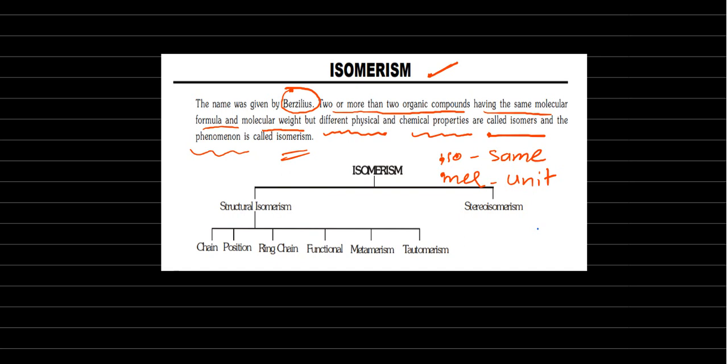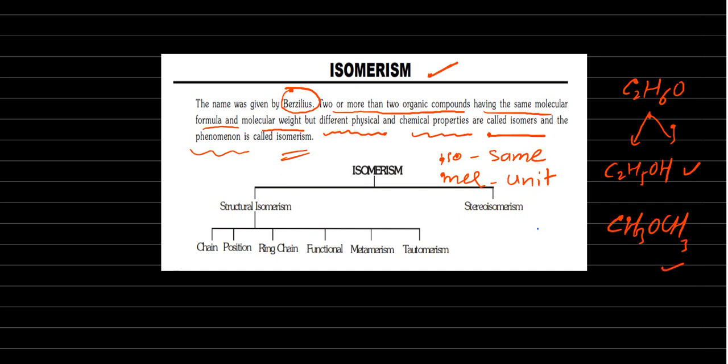Okay. Example, you can take C2H6O. C2H6O means it may be an alcohol or an ether: C2H5OH or CH3OCH3, right? The alcohol's physical and chemical properties are all different from this ether.